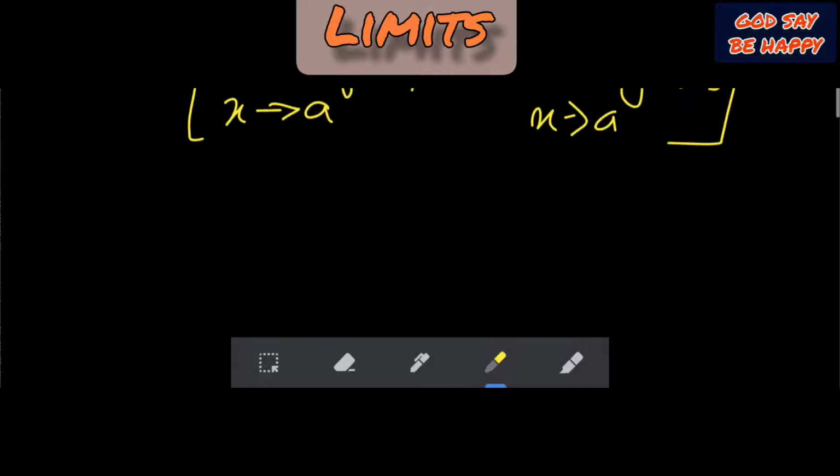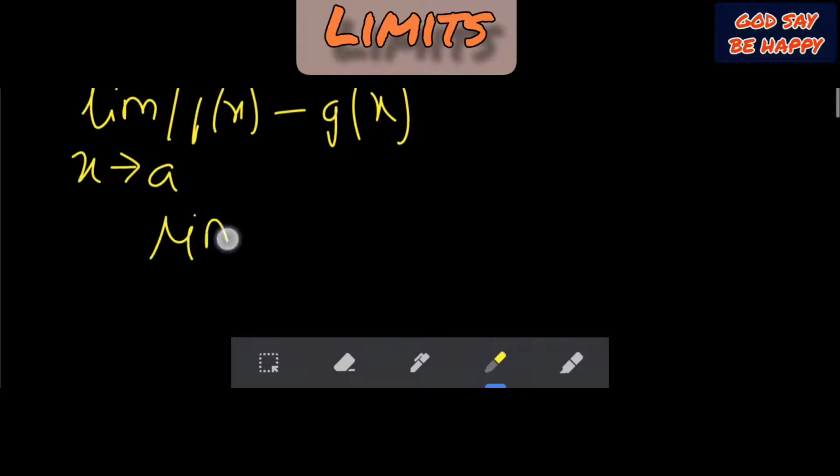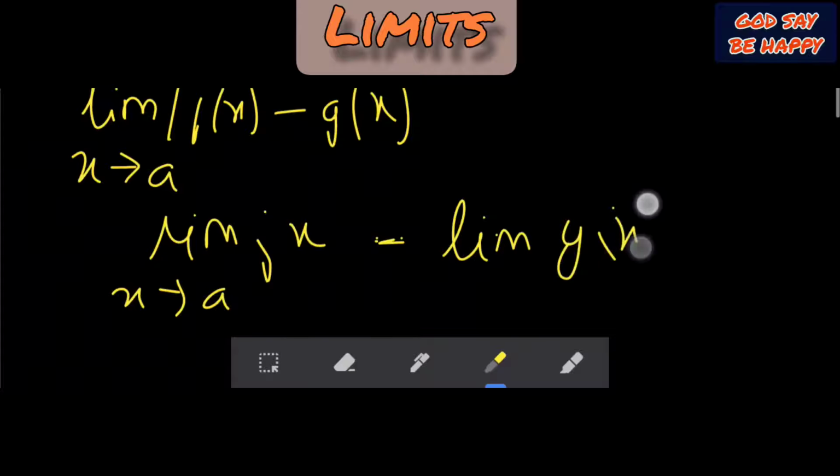Now second, if we are given limit x tending to a f x minus g x, same here we have to do limit x tending to a f x minus limit g x.